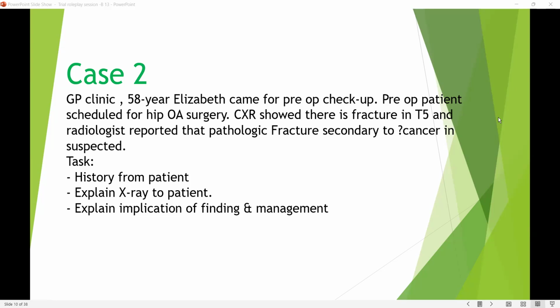Since when are you having the pain? I don't have any pain, doctor. I'm having hip pain. You mean hip pain? Yes, doctor, and that's why I'm going for that surgery.